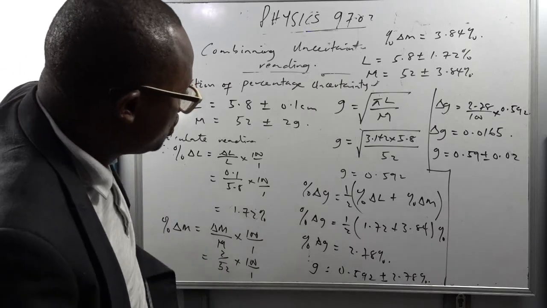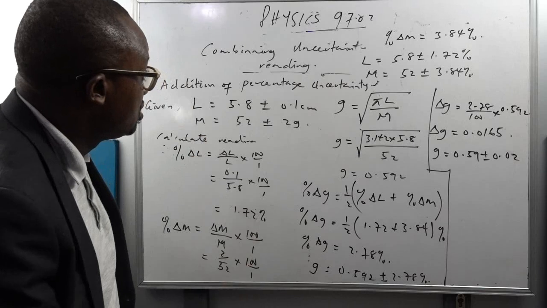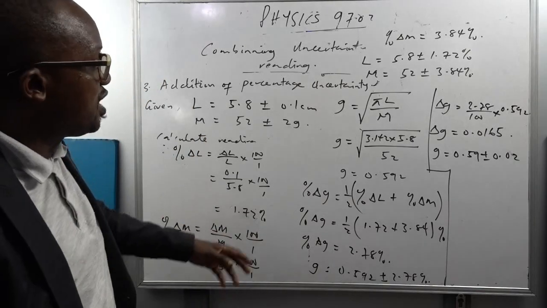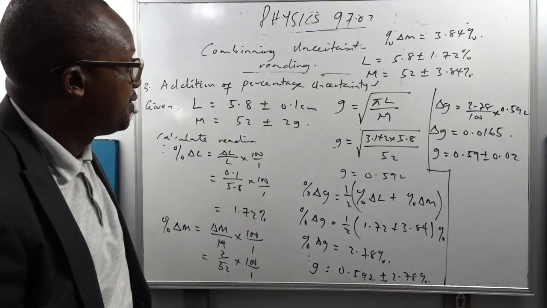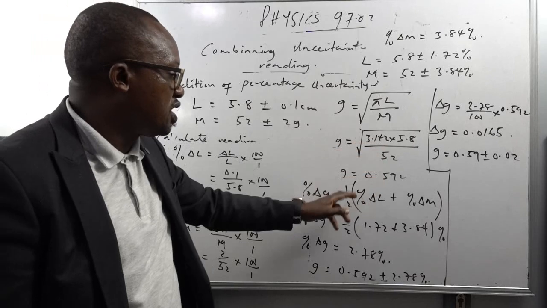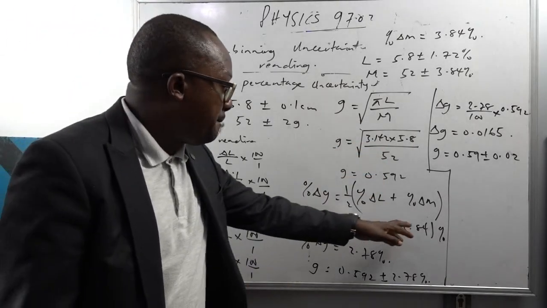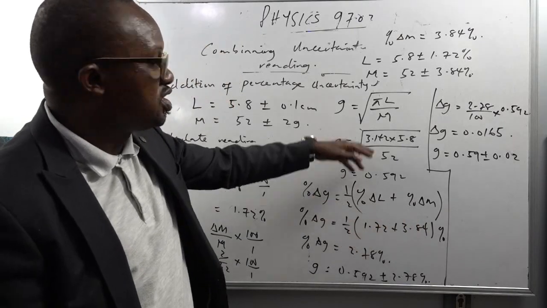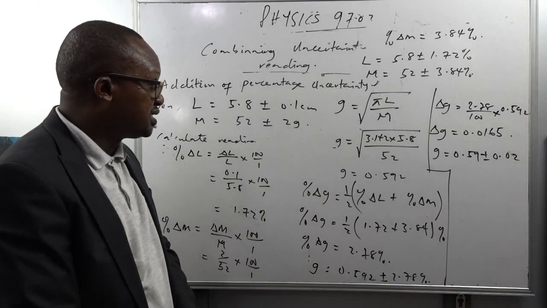Before we go to the other question, here are the highlights of these questions. Number one, after you've calculated the reading you are calculating for, the reading is defined in terms of pi, so you use pi to calculate the value of that reading. But when you are calculating the percentage uncertainty, you cannot include the percentage uncertainty of pi, because pi is not a physical quantity, it doesn't have uncertainty.